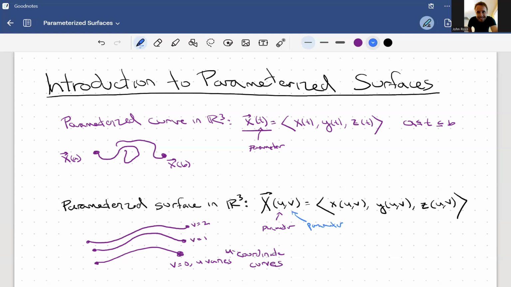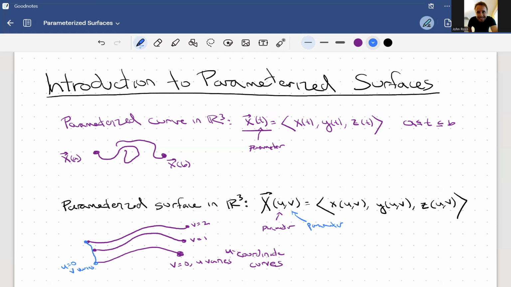Let's pretend that we fix u to be 0 and we let v vary from its starting point to its ending point. Well, in that case, we might end up with a curve that looks like this. And this would be the curve u equals 0 and v varies.